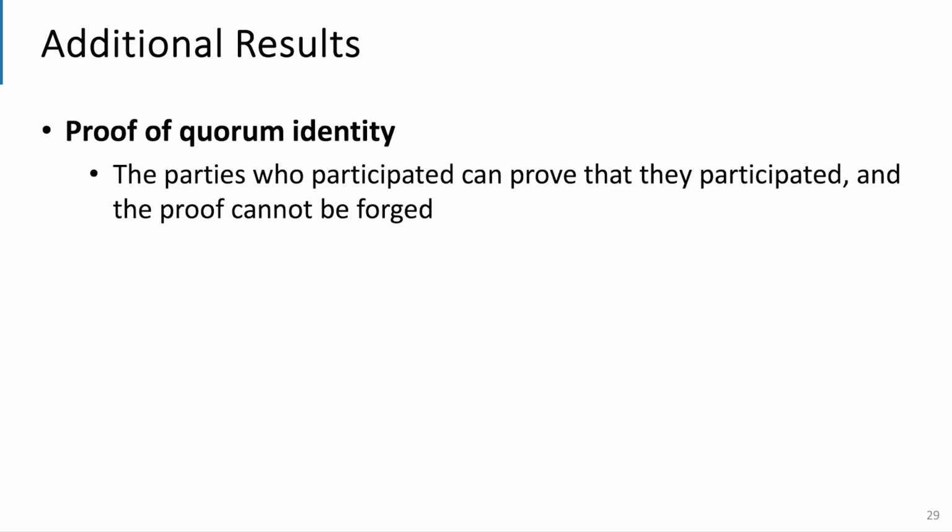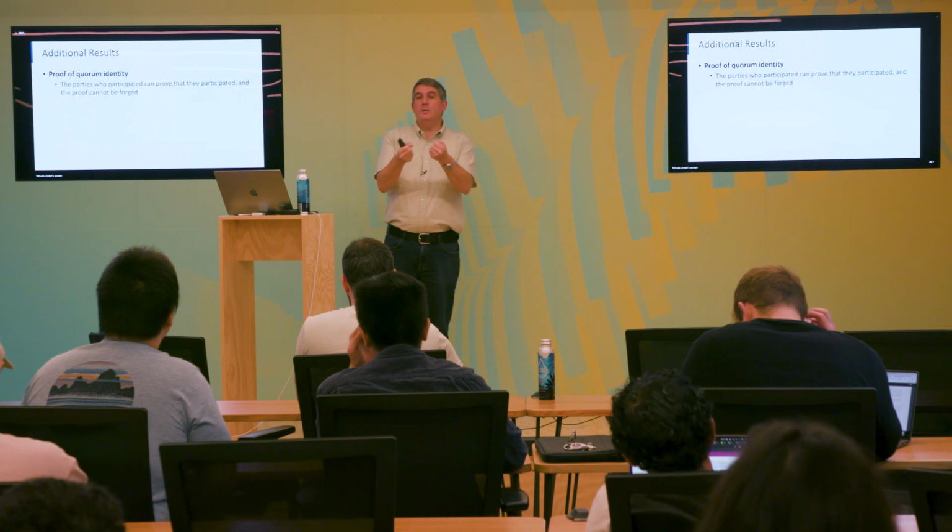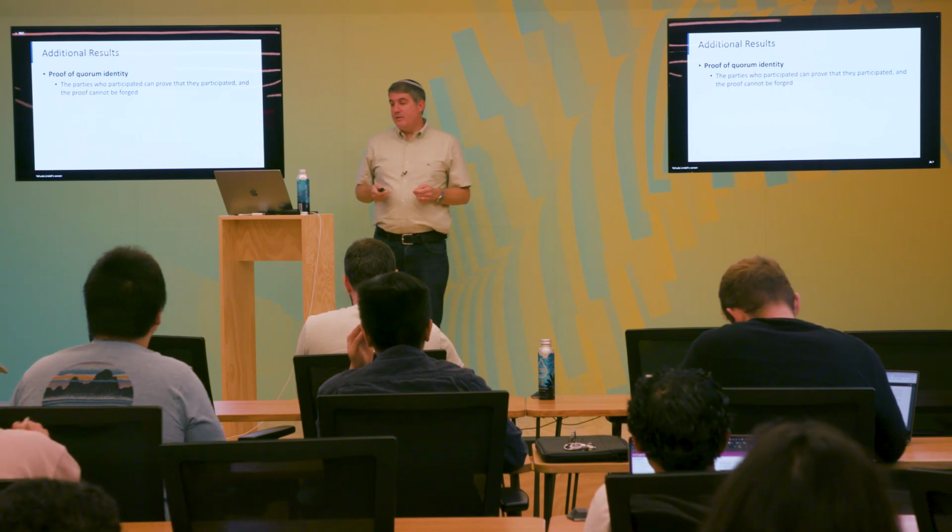Okay, what additional results do we have? Notice that in the protocol I showed you for multiparty Schnorr, the parties who signed can also generate a proof that they're the ones who signed, because the eVRF computation has a proof of what the nonce is made up of. If that's of interest.